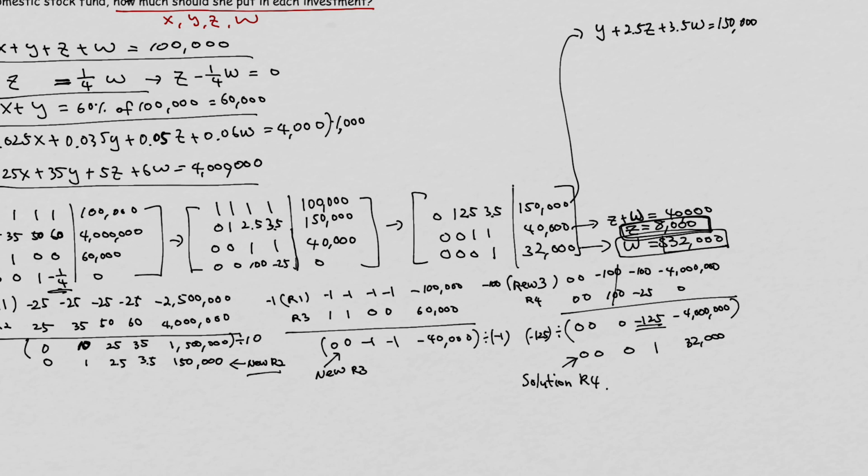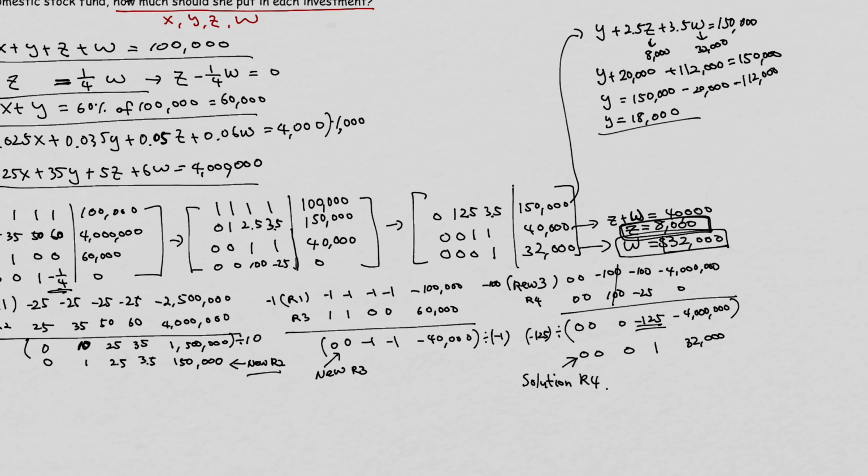So when you replace Z to be 8,000 and W to be 32,000, when you multiply those numbers, you get 20,000 and 3.5 times 32,000 is 112,000. So your Y value should be 150,000 minus 20,000 minus 112,000, which is 18,000.